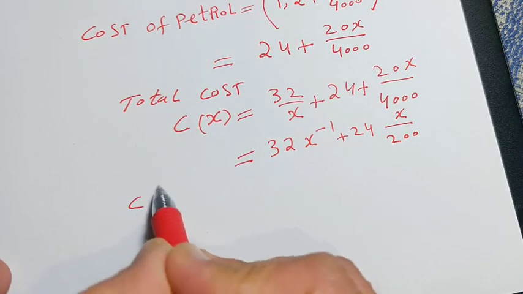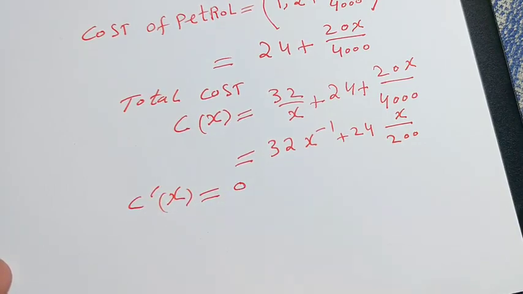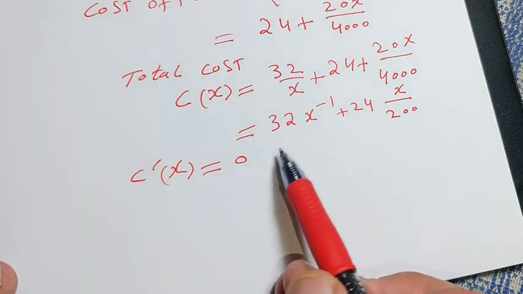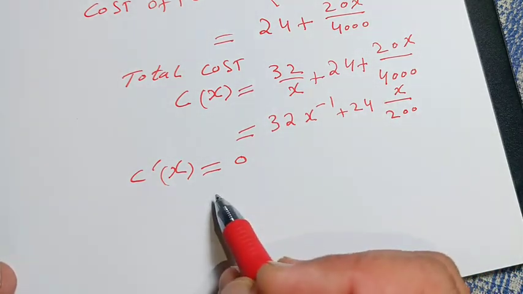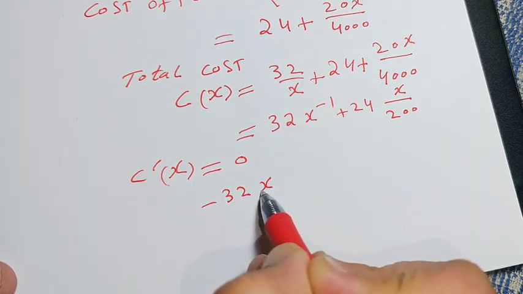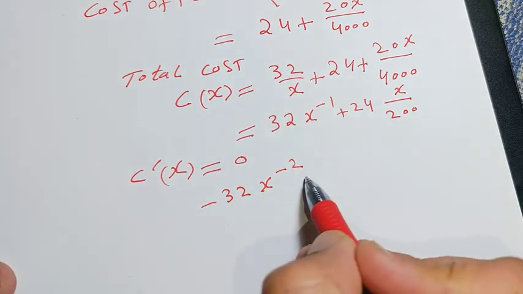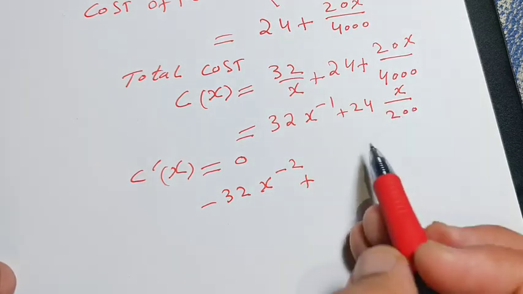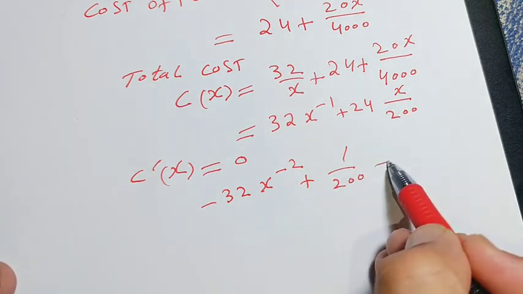Now I'm going to apply the first derivative, because the first derivative must be equal to 0. Then I'm going to solve for x. The first derivative is negative 32 x to the power negative 2, plus the derivative of the constant, which is 0, plus 1 over 200, since the derivative of x is 1, and this is equal to 0.